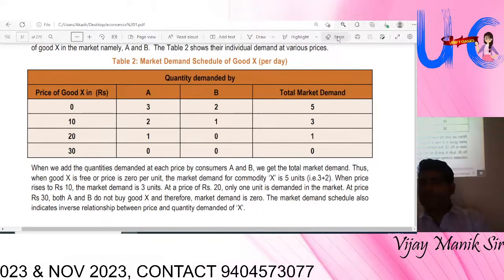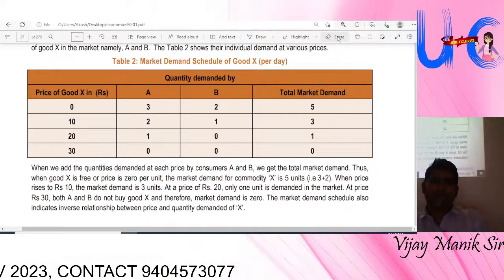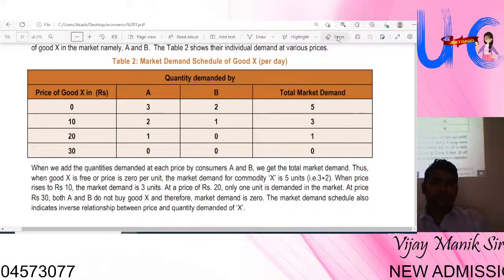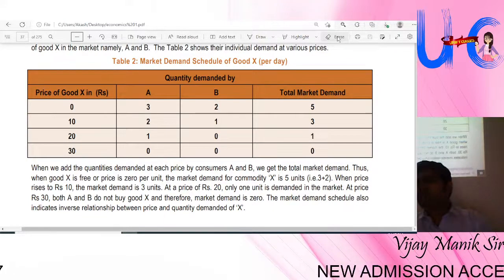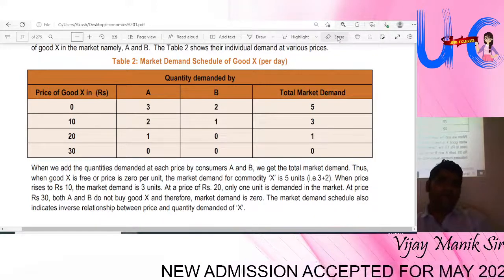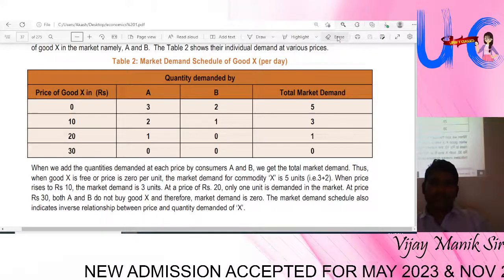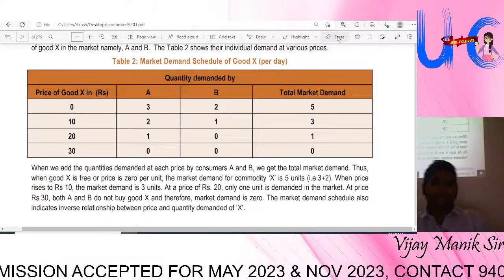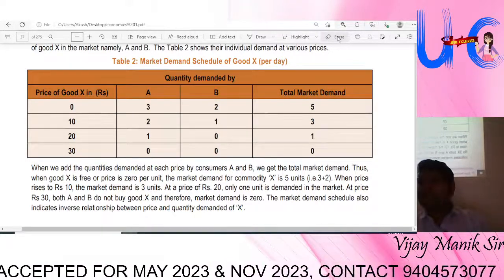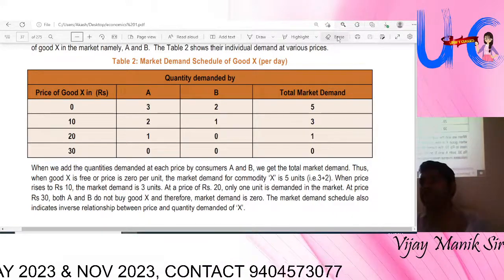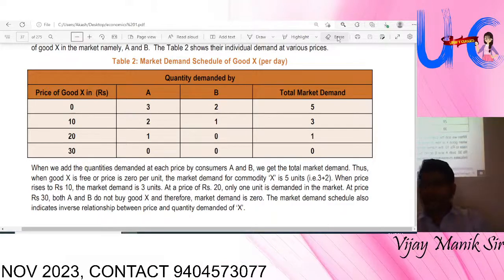Price of goods in rupees, A and B. These are the commodities. Total market demand. When the price was 0, commodity A and commodity B demanded 3 and 2 respectively. Total demand of the market is 5. When the price increased from 0 to 10, what happened?